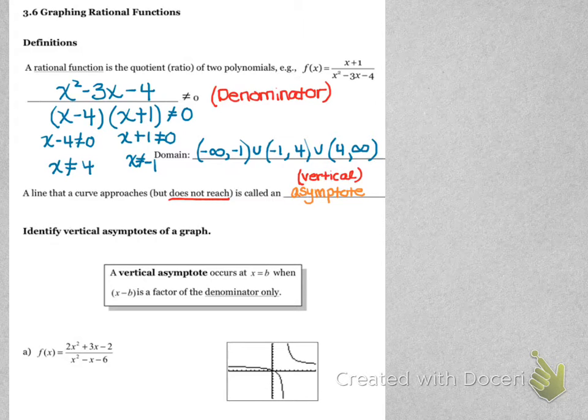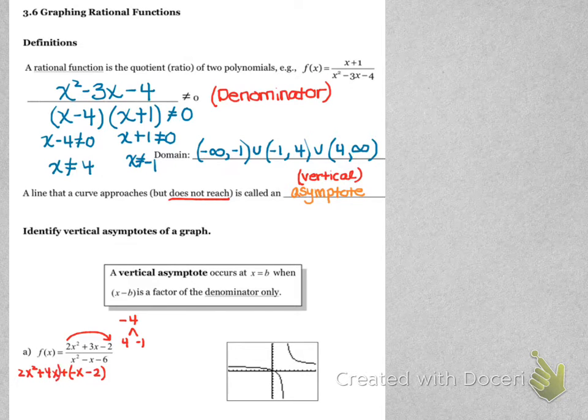So let's look at this example. We need to factor the numerator and the denominator. Our numerator factored by grouping: we have 2 times negative 2, which is negative 4. So what multiplies to give me negative 4 that adds to give me 3? It's going to be positive 4 and negative 1. So I break that up into 2x squared plus 4x plus negative x minus 2.